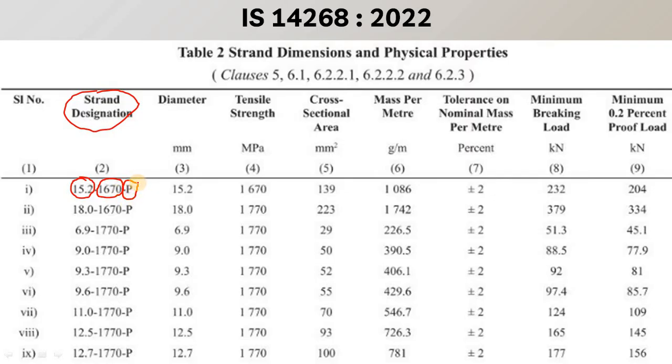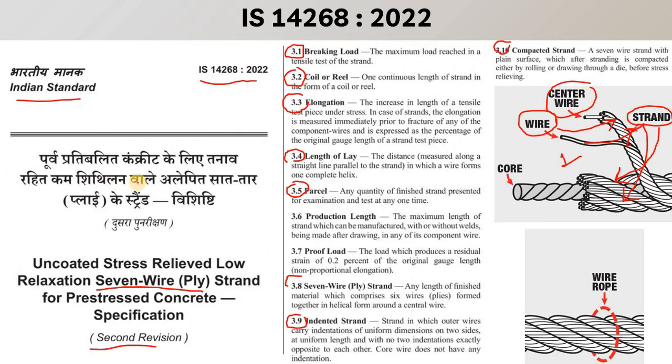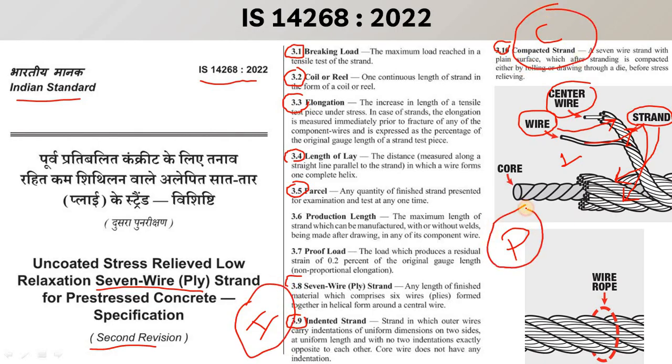As we have seen in our earlier slide, there are types of wire. Here you can see C is the compacted wire, I is the indented wire, and there is one more type, P, that is plain wire. So there are a total of three types.